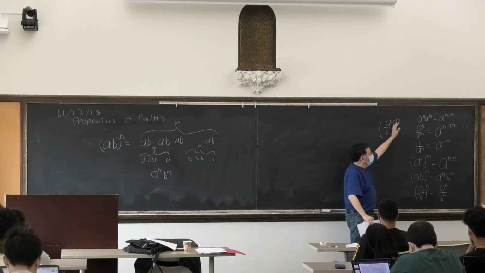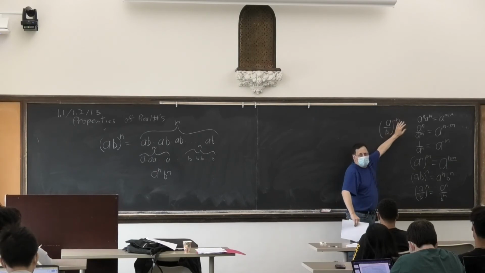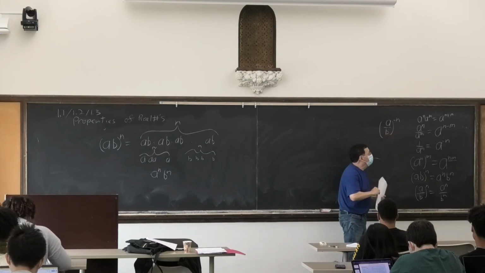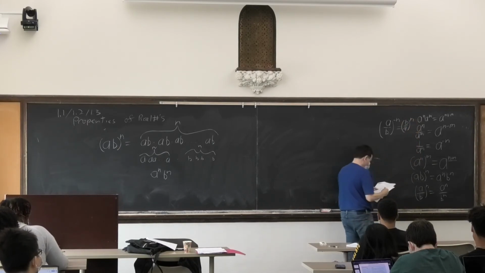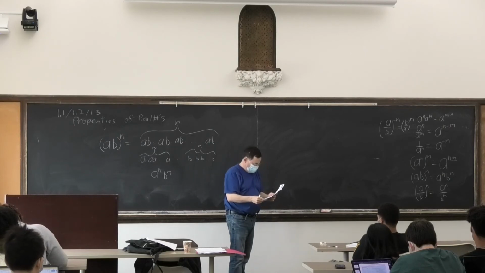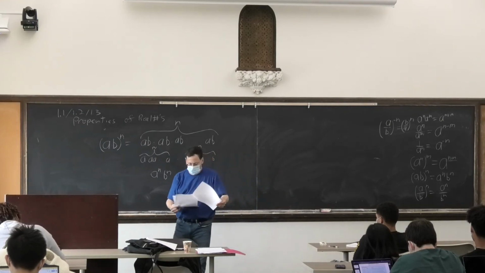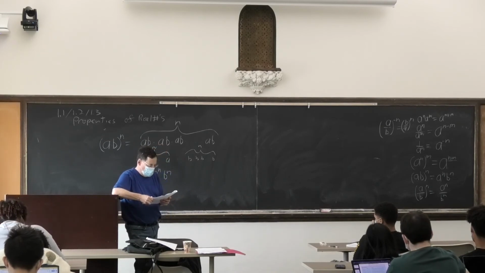Well, one thing you want to have straight in your head is if you have a negative exponent, you change it to a positive, you just find the reciprocal. So this is just b over a to the n. All right. Any questions about these rules for exponents?